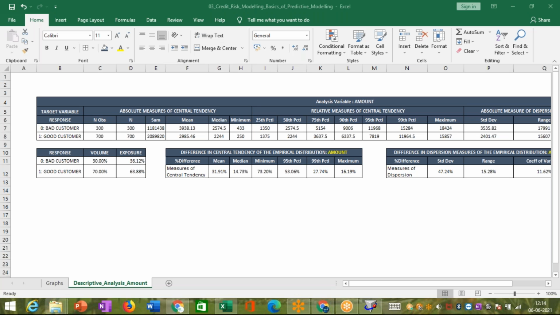Mostly the outlier treatment happens after all segmentations are done, because at the overall level you cannot do any outlier treatment. What are outliers?